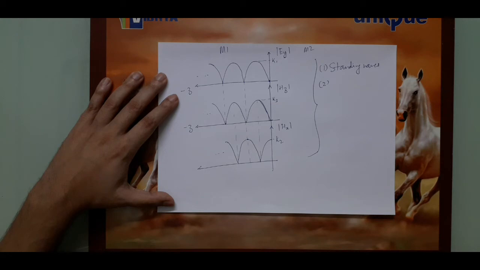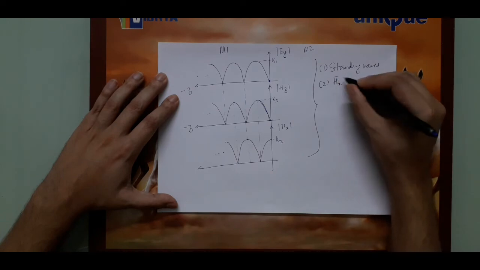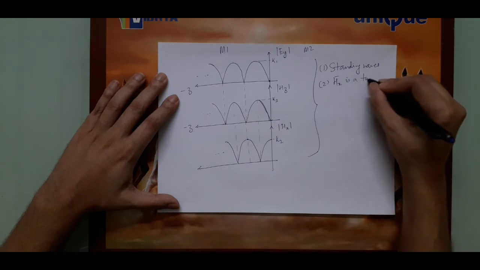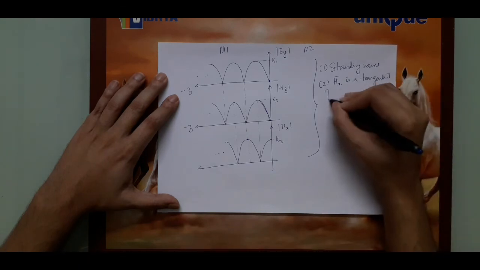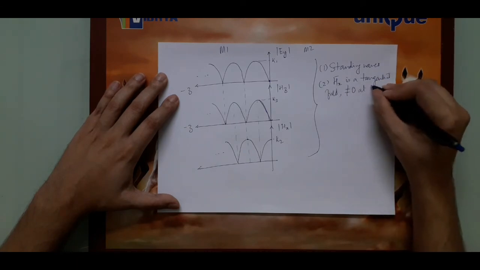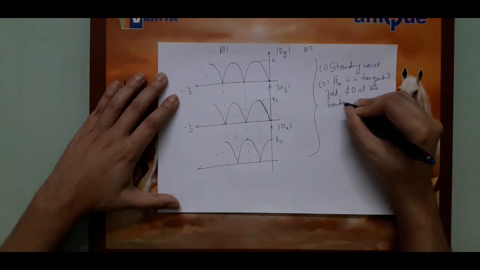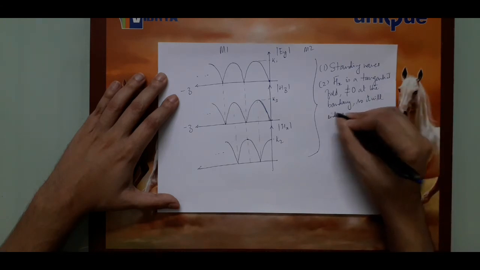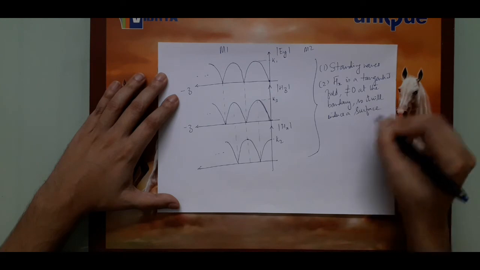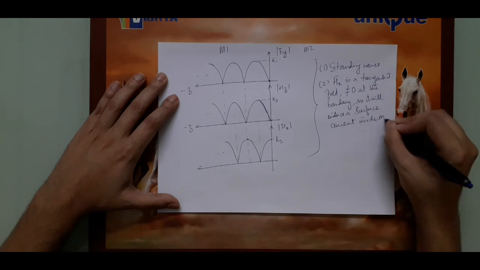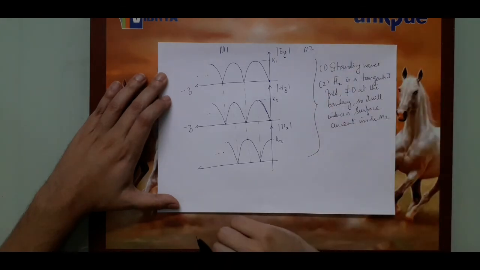The x component of the magnetic field is a tangential field which is non-zero at the boundary. So it will induce a surface current inside medium 2, which is the conductor. This is the second conclusion I can draw.